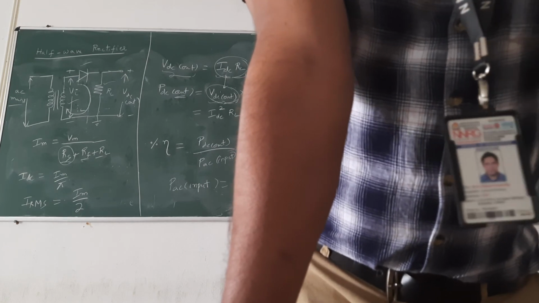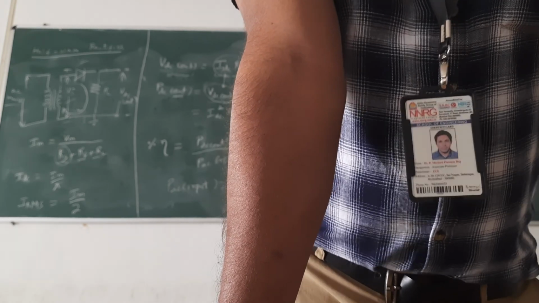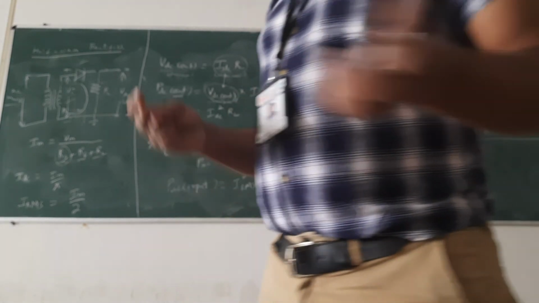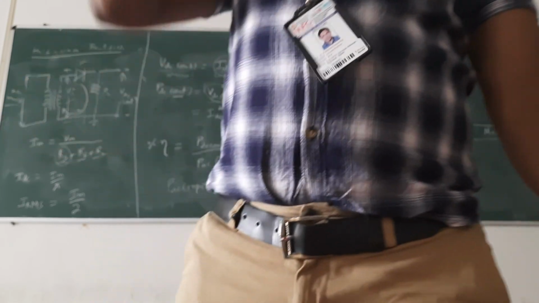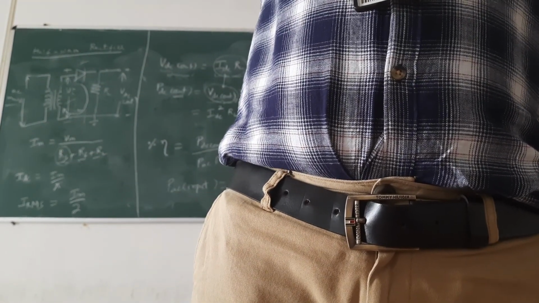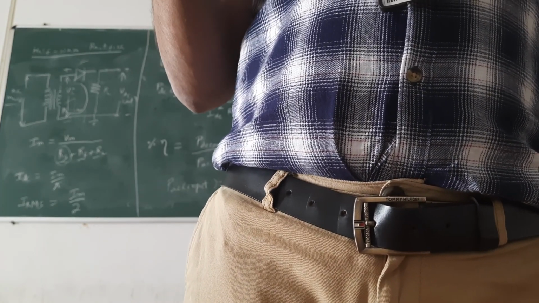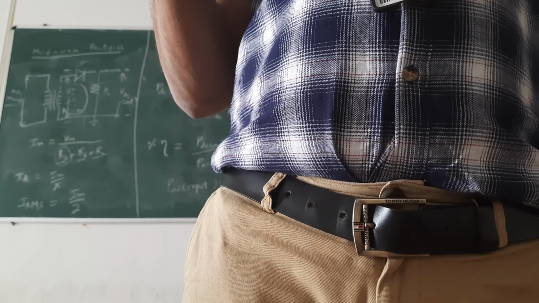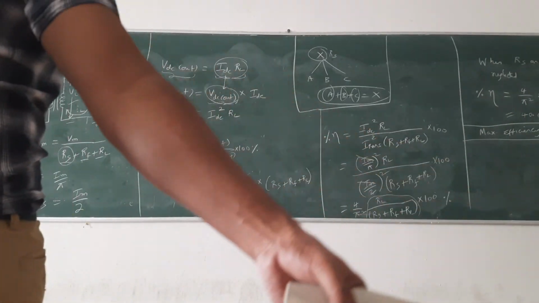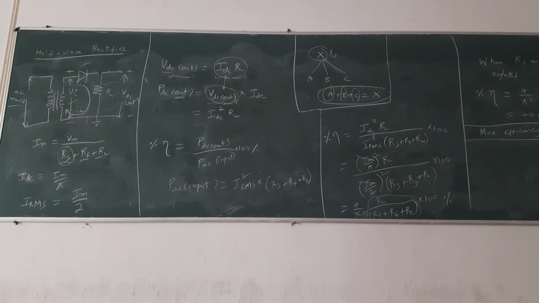Next, what is 240 volt? Input voltage. In the question they mentioned half wave rectifier, so what is the input you are giving to rectifier, AC or DC? AC. Actually it is the AC voltage. Plug point says 230 volts.